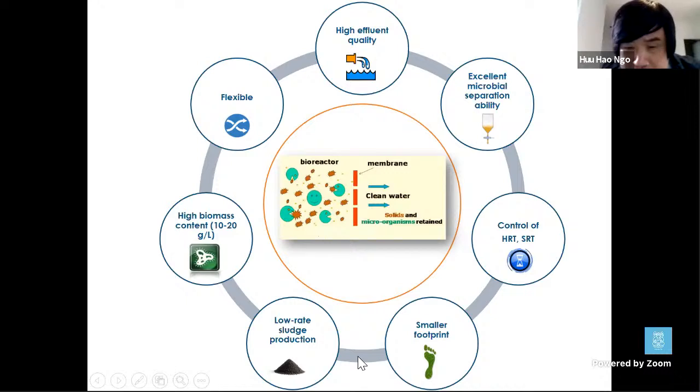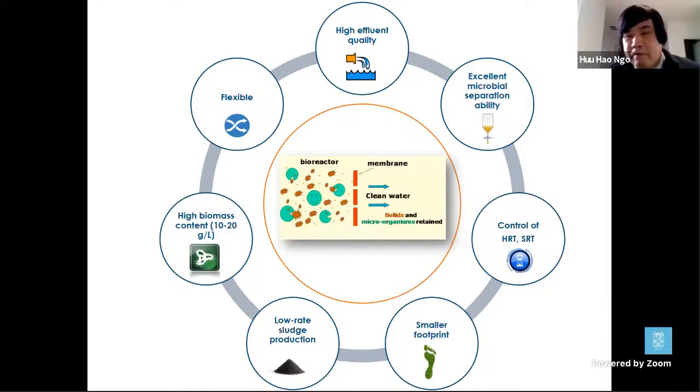But a very good thing is the smaller footprint. Because for the MBR, even if it's 10,000 people or whatever, the HRT is only 3 to 6 hours, to 8 hours. It's not like other bioreactors that go to 12 days, for example, or even a month.